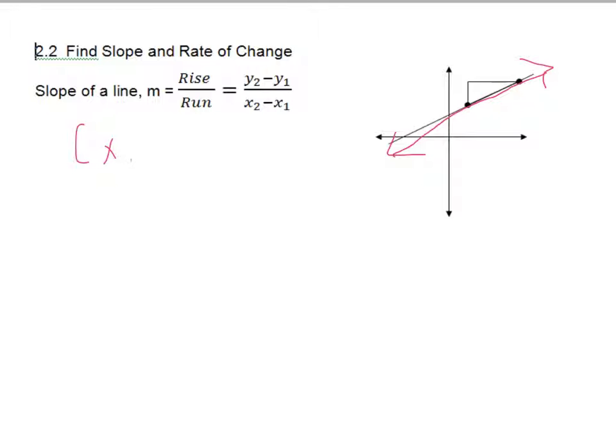So when you're given 2 points, like x1, y1 and x2, y2, you can find the rate of change by subtracting your y values over your x values.